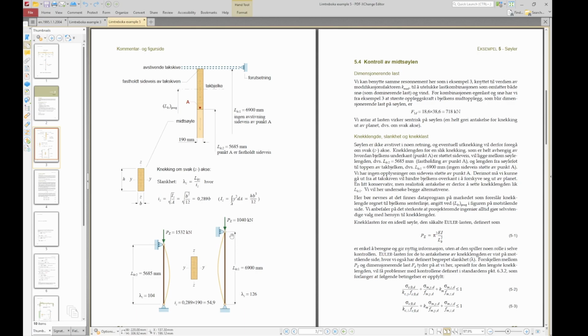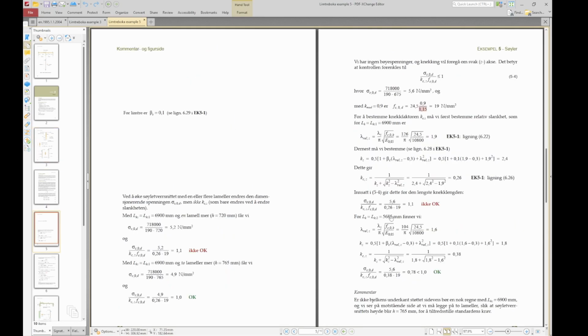We have 6,900 millimeters, which is the buckling length of the first system, and 5,685 millimeters, which is system B. The 6,900 goes to the top of the beam and 5,685 goes to the bottom of the beam. So depending on whether this is stabilized in the horizontal direction, you get two different buckling lengths.